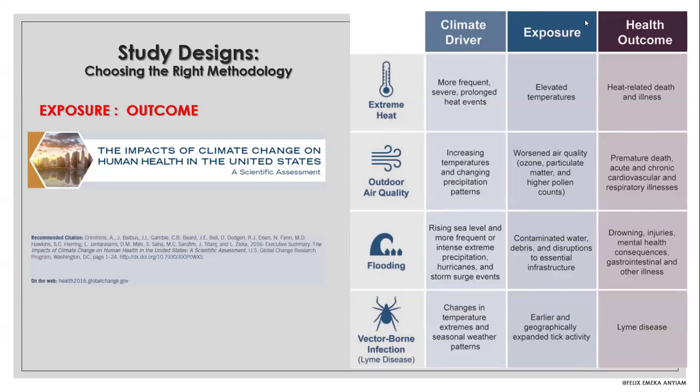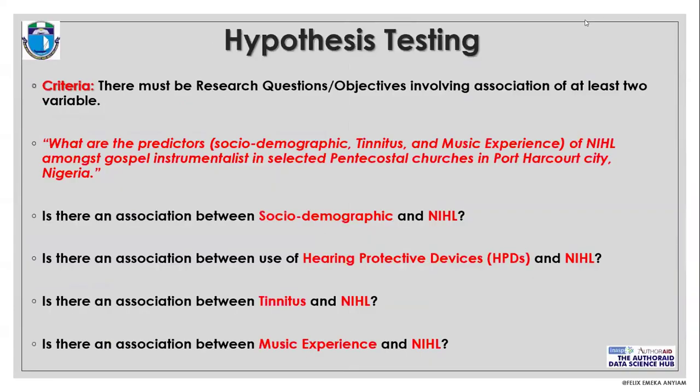Noise-induced hearing loss. So you would have an exposure, you would have an outcome. And having the exposure and having the outcome will motivate you to see what are the explanatory variables, independent variables that are influencing the outcome.